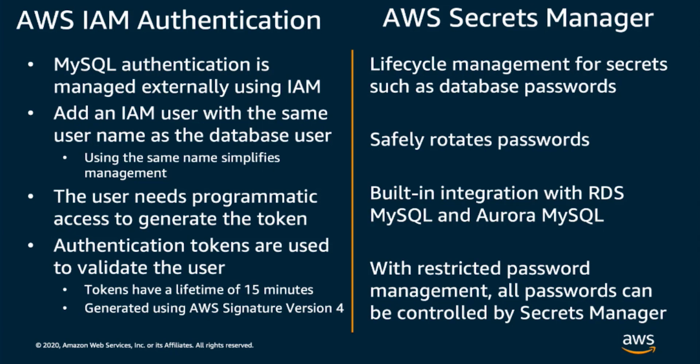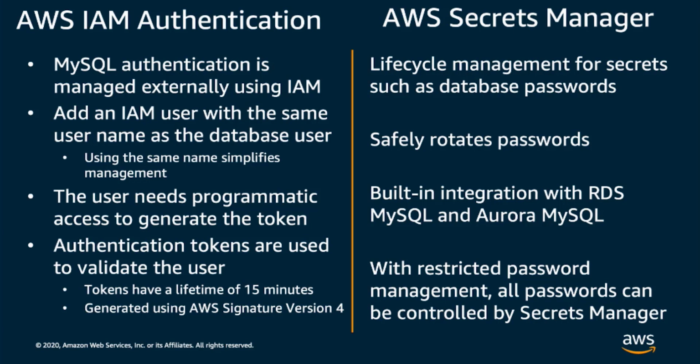So you create a DB user without a password, and then programmatically we generate a token, and you use the token as a password for your IAM authentication. Our public documentation has step-by-step instructions on how to use IAM authentication.